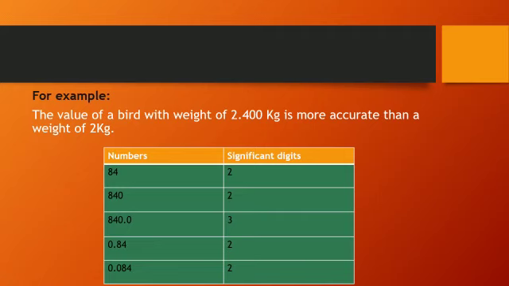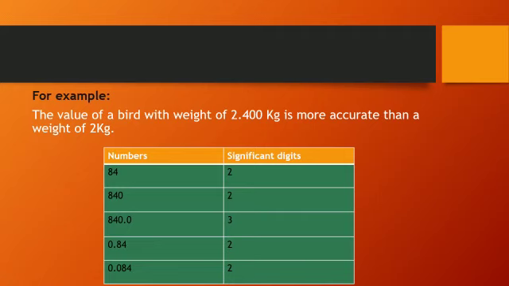The third value is 840.0. 840.0 has three significant digits. The last 0 after the decimal point is not significant.